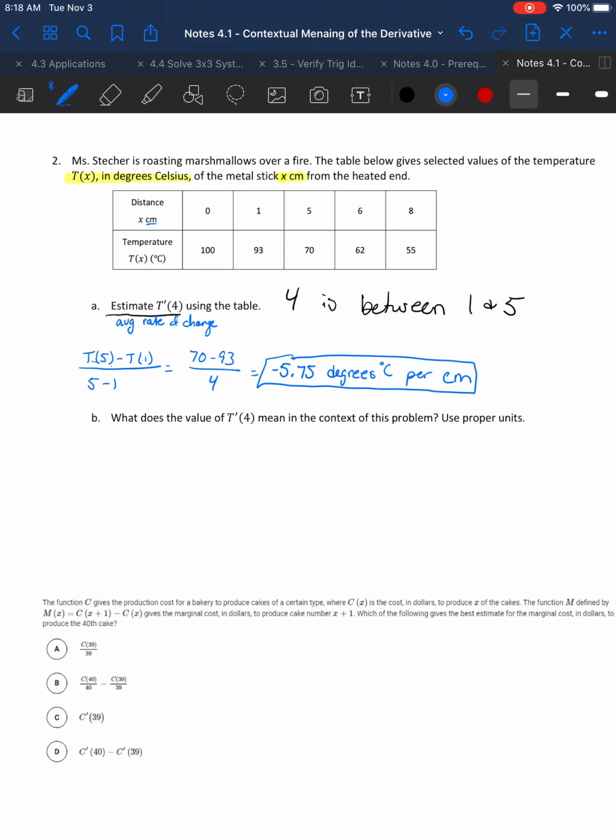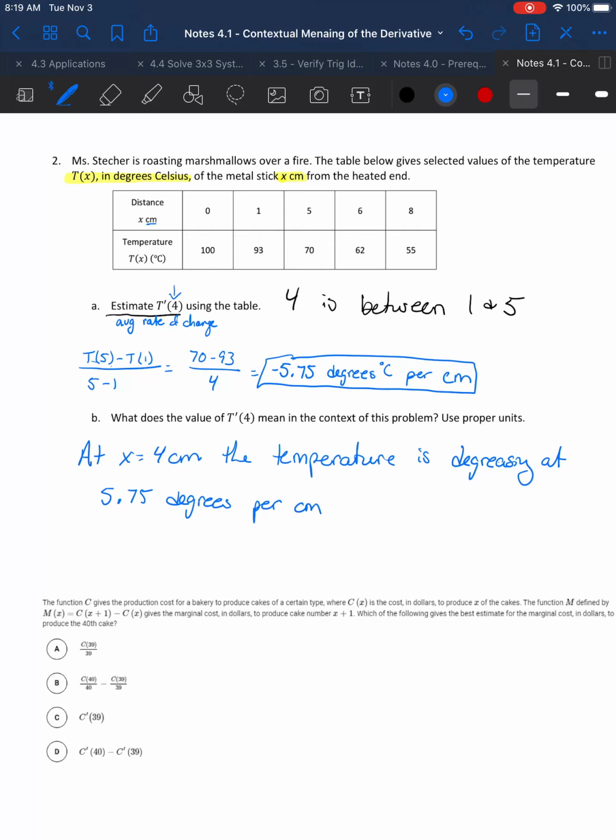So now part B says, what does that value mean in context of this problem? Again, we've got to identify where we're at. So 4 centimeters. At 4 centimeters, what's happening? We got a negative answer, so that means our temperature is decreasing at 5.75 degrees per centimeter.